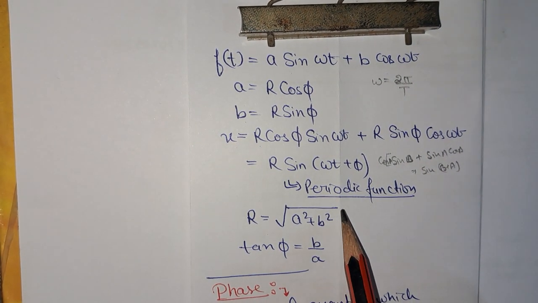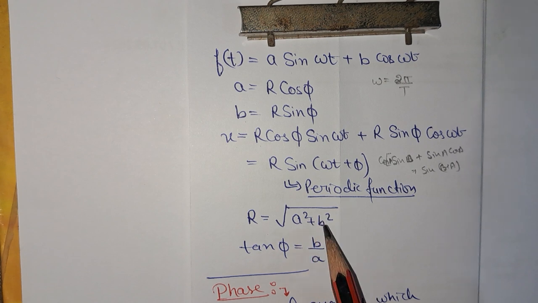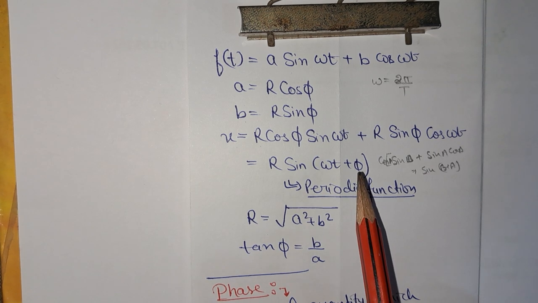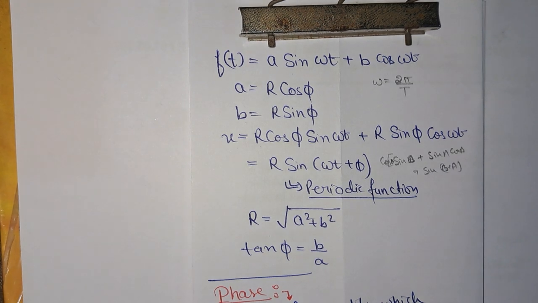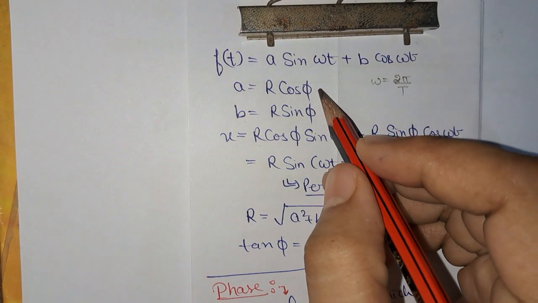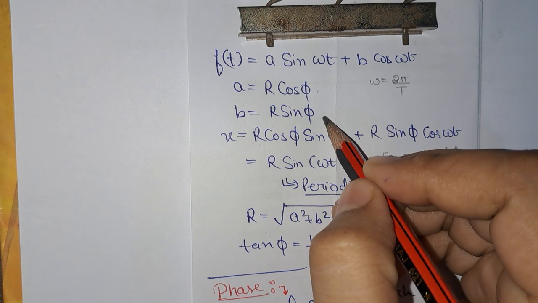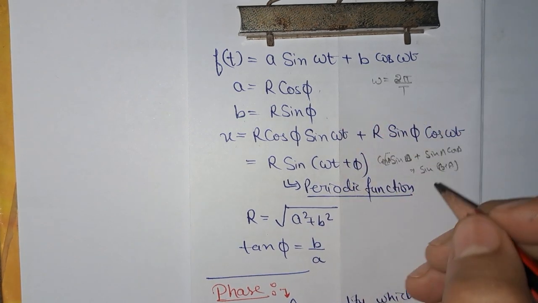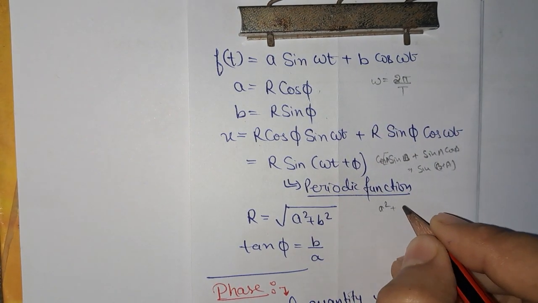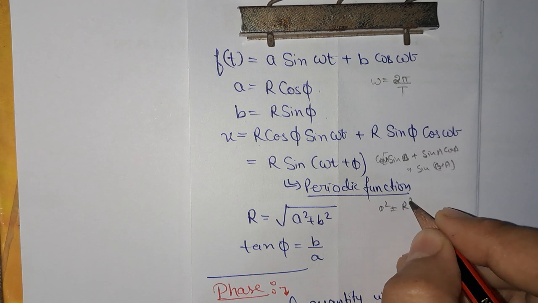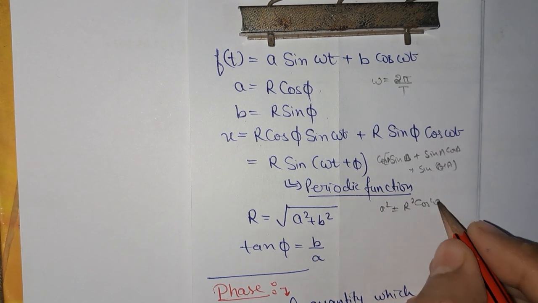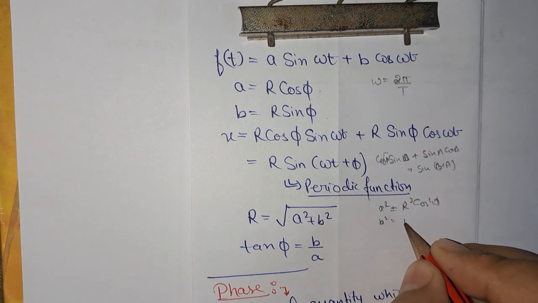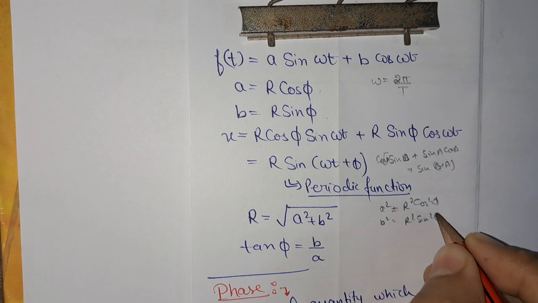Now calculating the value here, r is equal to the square root of a square plus b square. How does the value of a square plus b square come? By squaring these two values, we get a square is equal to r square cos square phi and b square is equal to r square sin square phi.